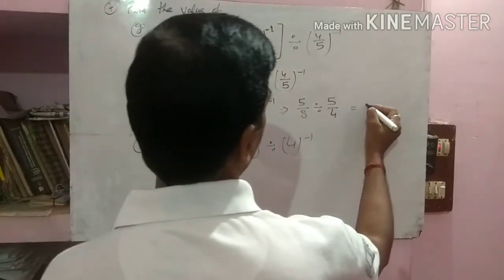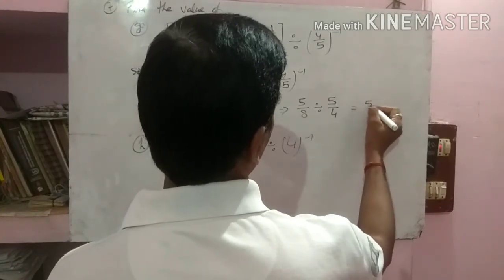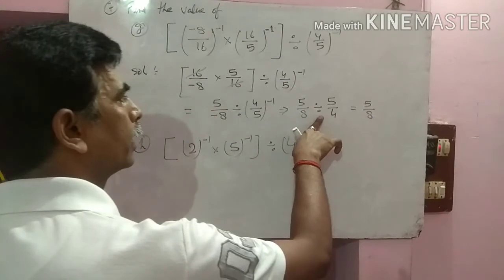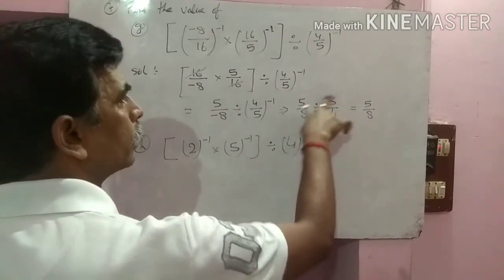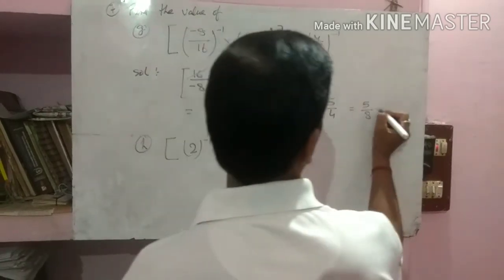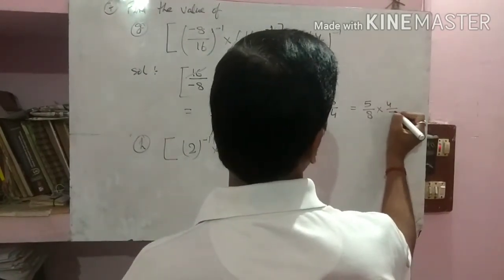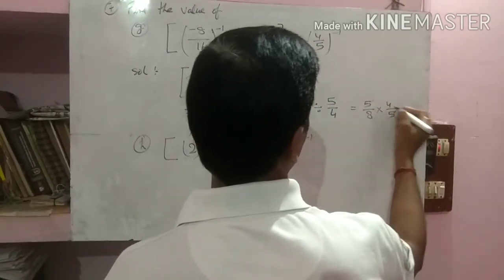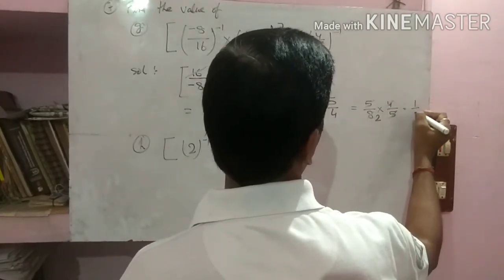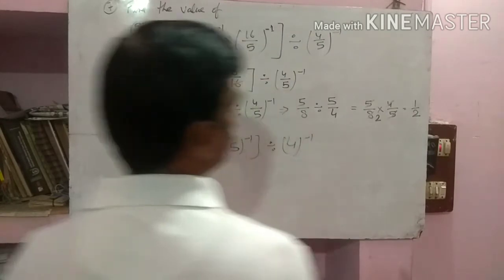The sign of division is converted into multiplication, and the next value becomes its reciprocal. So it becomes 4 by 5. 5 ones are 5 and 4 twos are 8. So the result will be 1 by 2.